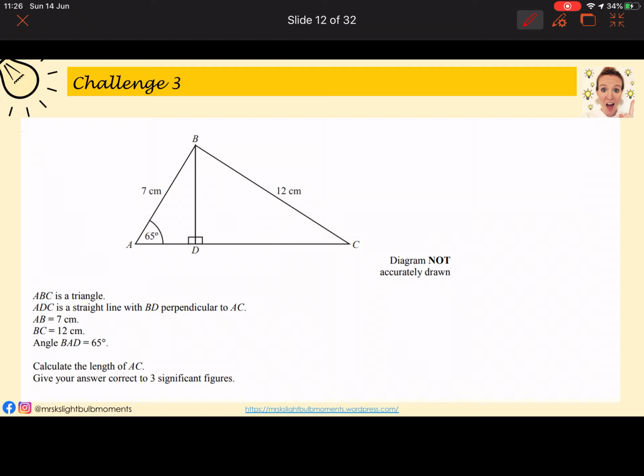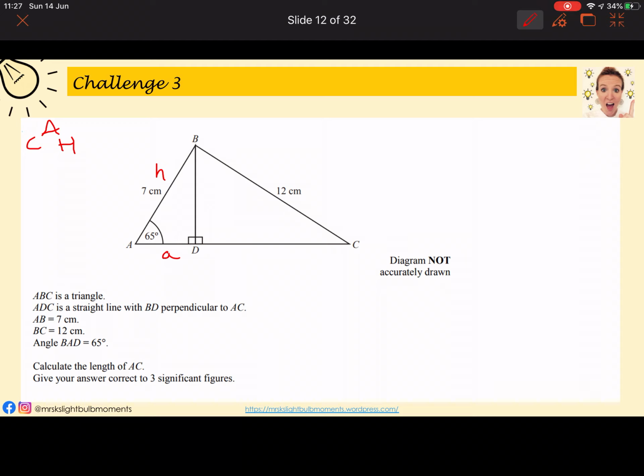Now this first one, I'm just going to straight away find this bottom length here. So I'm going to label for trig, and I'm going to label this as my hypotenuse. I'm going to label this as my adjacent, and I'm going to try and find my adjacent. So I have got A and H, I have got CAH.